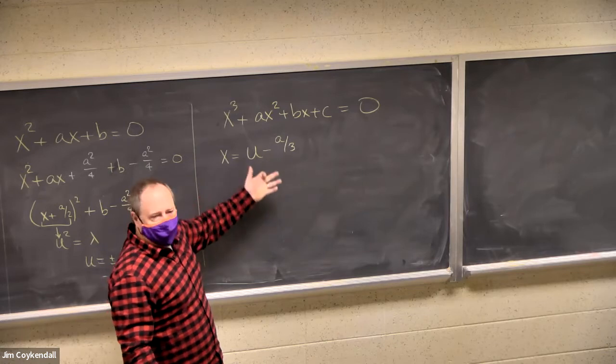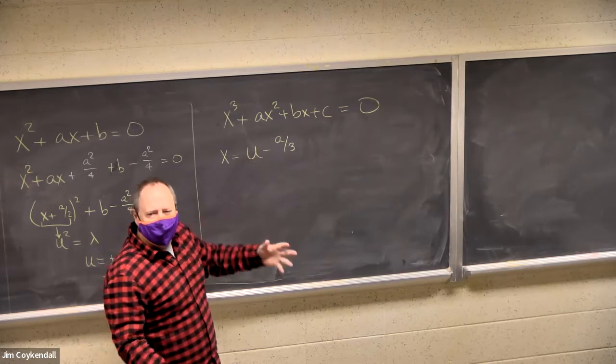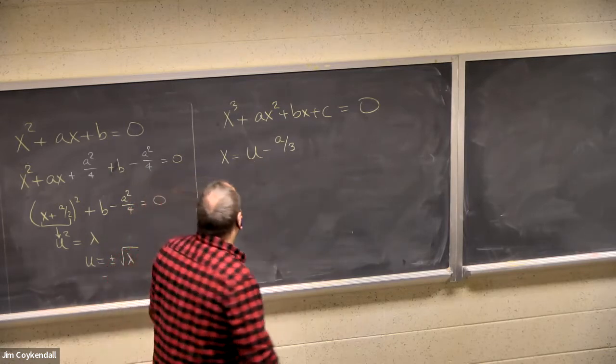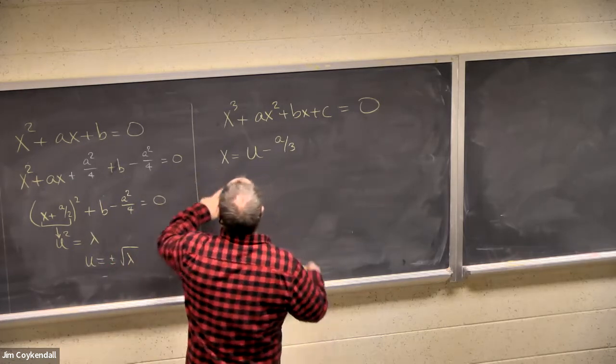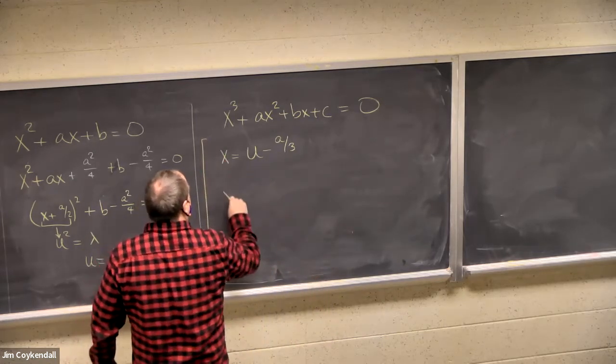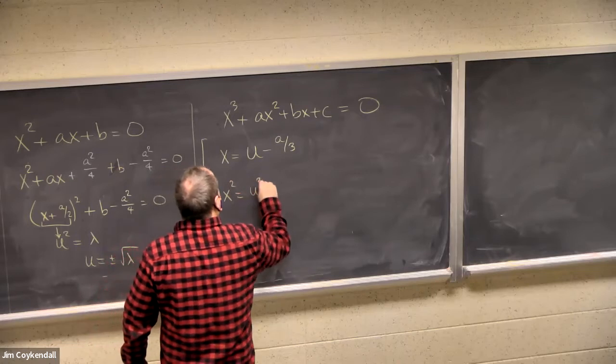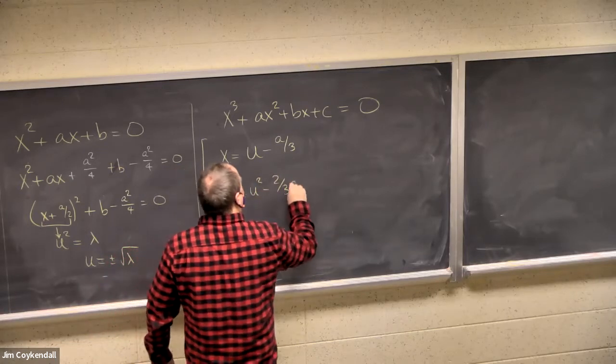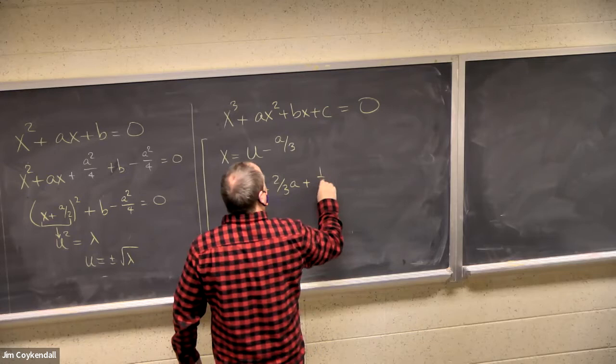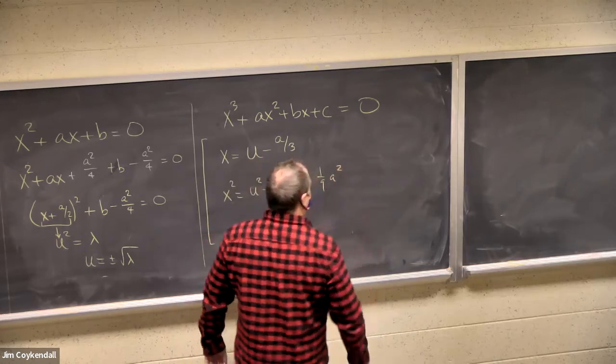And all this is going to do is give me another cubic, but it's going to be a little streamlined and be one that I can work with a little bit better. Notice that if I do this, then x squared is u squared minus 2/3 a u plus 1/9 a squared.